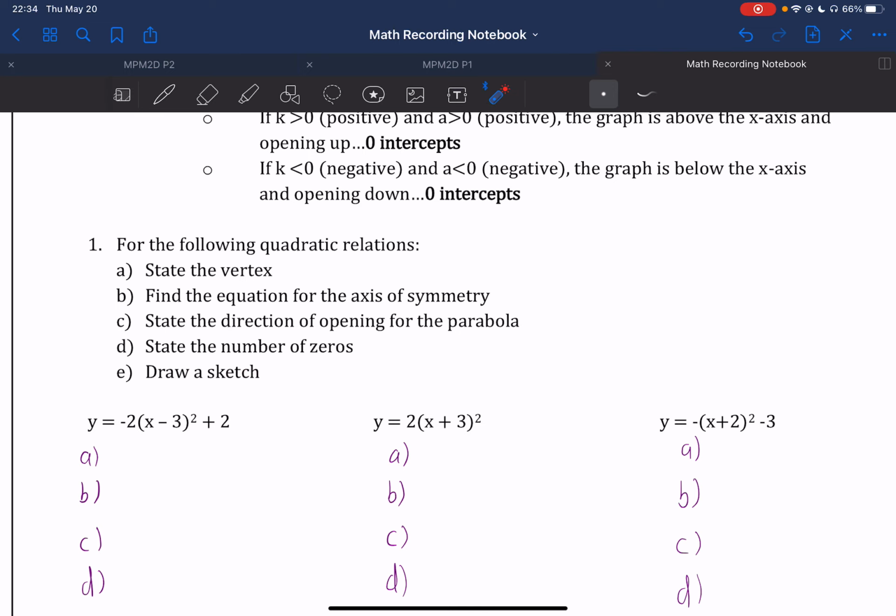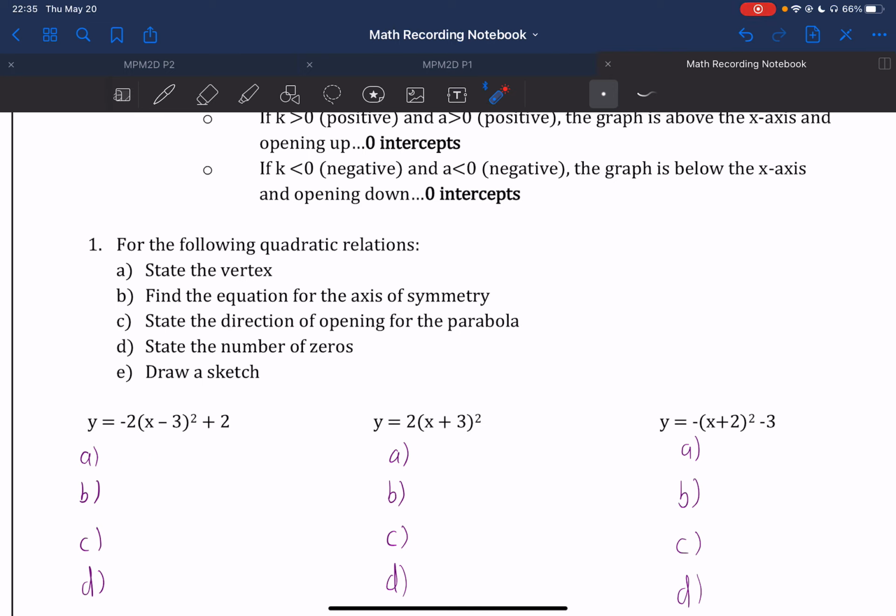So looking at the first one, remember our vertex is the h and the k. So here's our h, and here's our k. In this case, we're going to take the opposite sign of the h value here. So if it's negative 3, when we write it in the vertex, we're going to have the opposite sign.